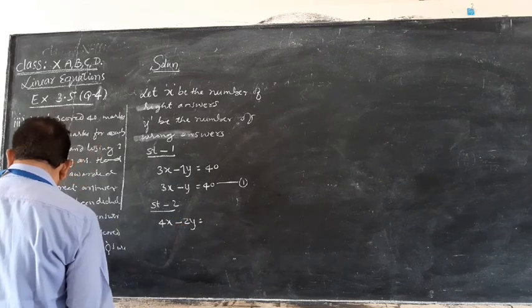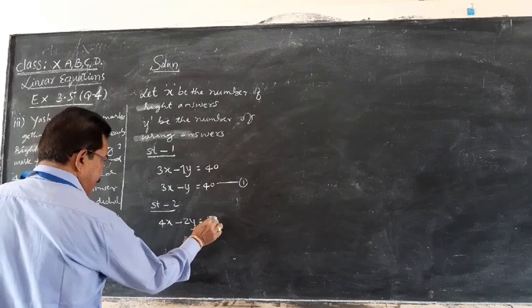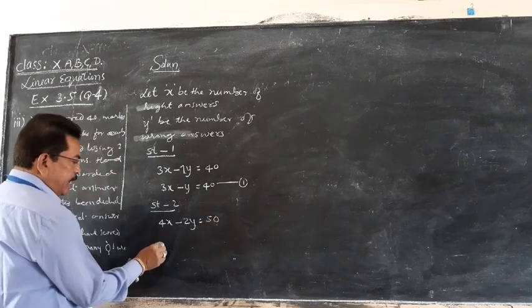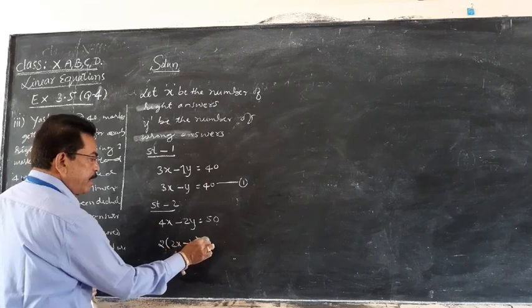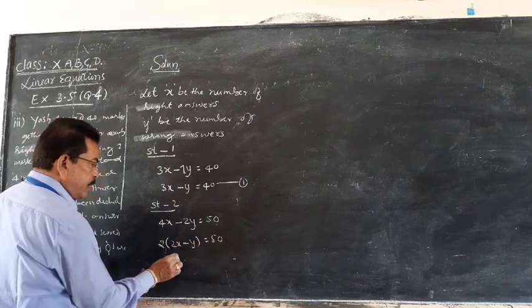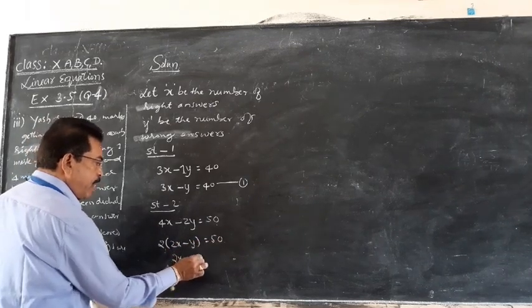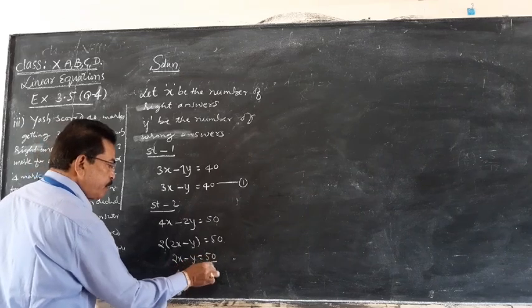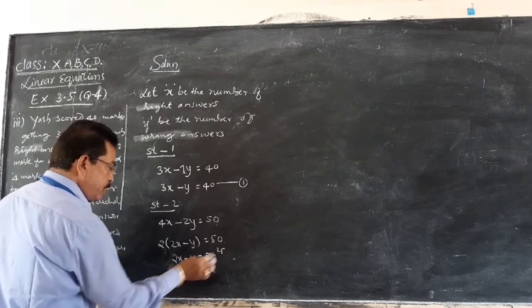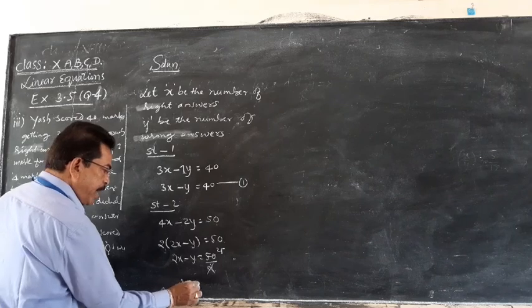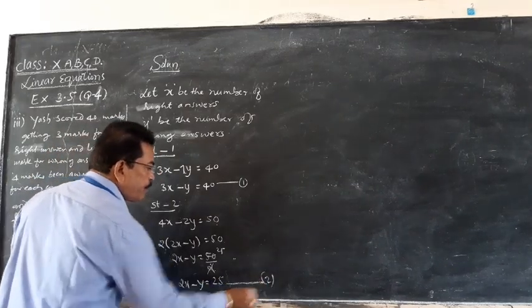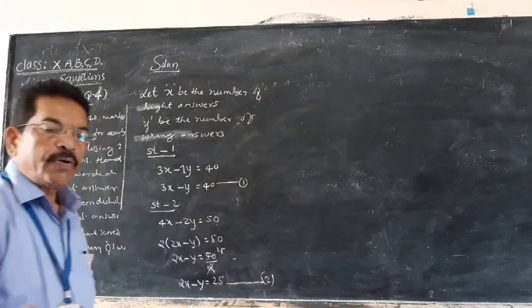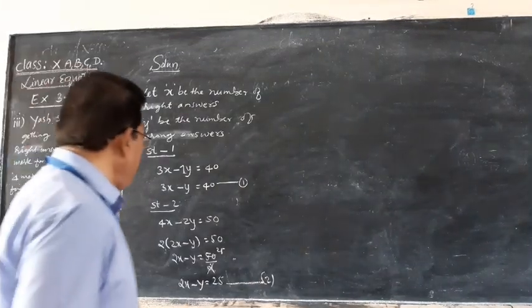The marks would be 50. So let us take 2 common: 2(2x minus y) equals 50, so 2x minus y equals 50 by 2, that is 25. Equation 2.